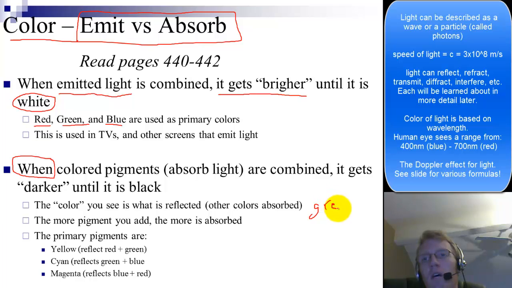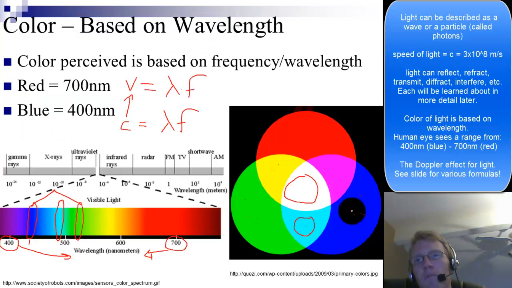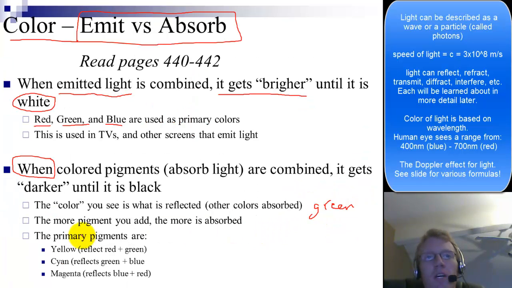Let me start by saying, the light you get from a regular light bulb is white light covering a wide spectrum. If you shine that on something that looks green, in order to look green, all the red and all the blue had to get absorbed out of it. Okay, so whatever color you see is the leftover after the other colors have been absorbed.